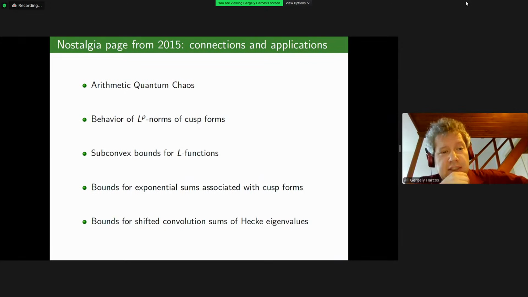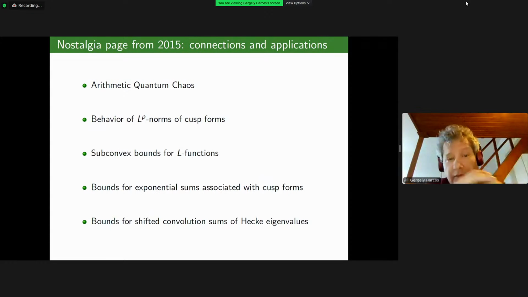In several cases, that's a celebrated theorem. The sup-norm problem addresses a complementary aspect of this problem: in the sup-norm problem, we don't want to see very high peaks, whereas in arithmetic quantum chaos, we are more interested in the average behavior of eigenforms.